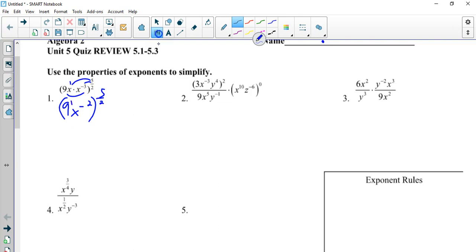It really doesn't matter. You're going to send it in there and there. You're going to get 9 to the 5 halves, 5 halves times 1, and then x to the 5 halves times negative 2 over 1. Again, you're going to get the same negative 10 over 2, or the 2's cancel, and there's your negative 5, which we talked about before, will just go on the bottom.